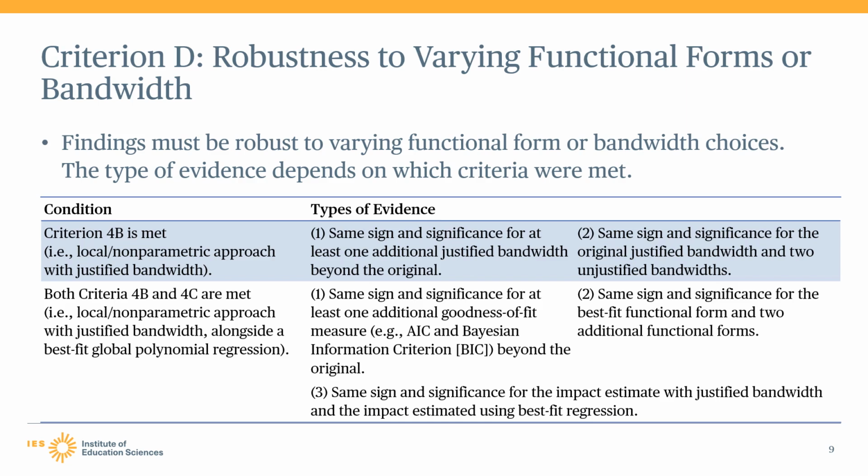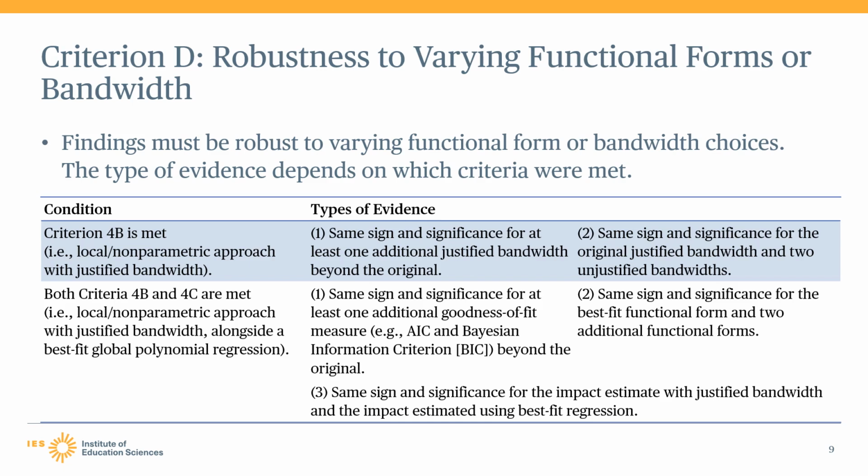The type of evidence that is allowed to satisfy this requirement depends on whether the authors presented a model using a justified bandwidth, a model using an unjustified bandwidth, or the full sample, or both kinds of models. RDD criterion 4D is complicated, so you may wish to pause or rewind the video to ensure that you understand it.